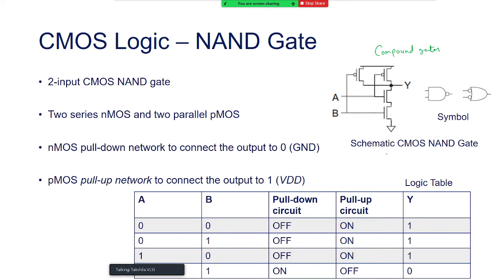What is compound logic? Compound logic is a combination of series and parallel combination of NMOS and PMOS switches. Right, we know that they work as switches and we got them in series and parallel.